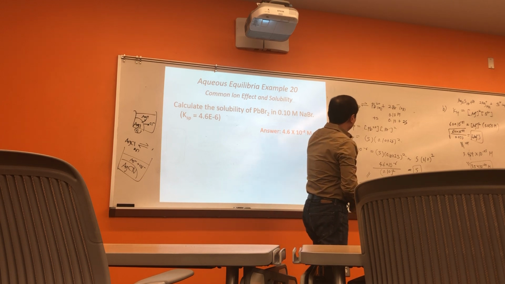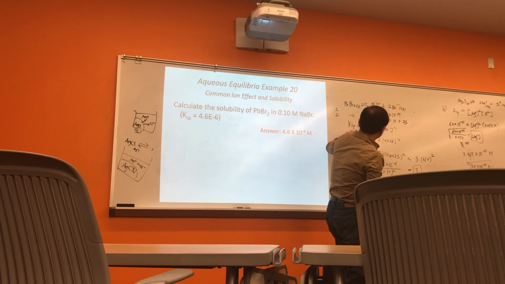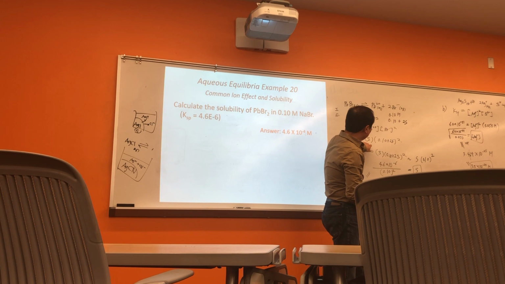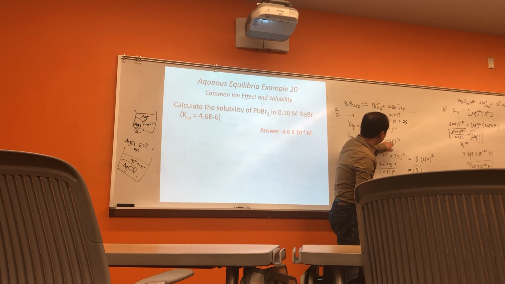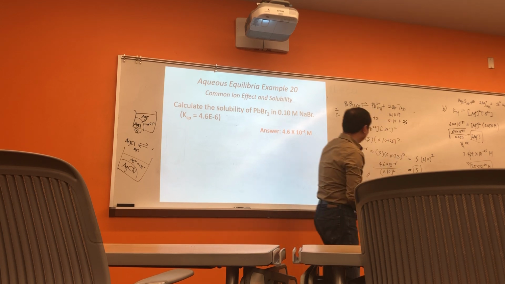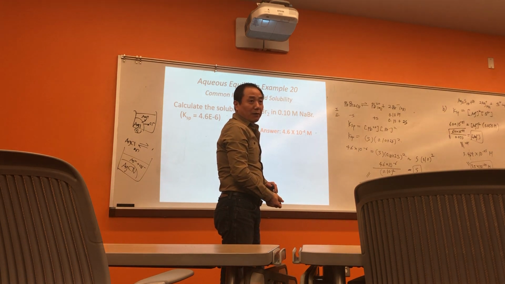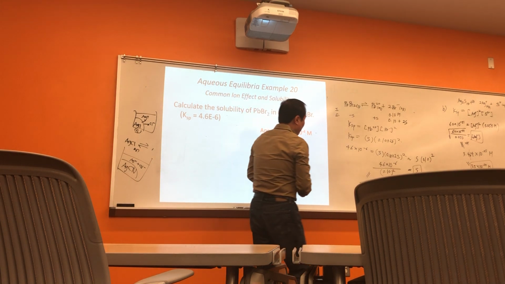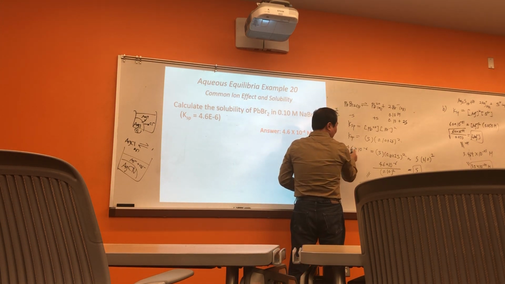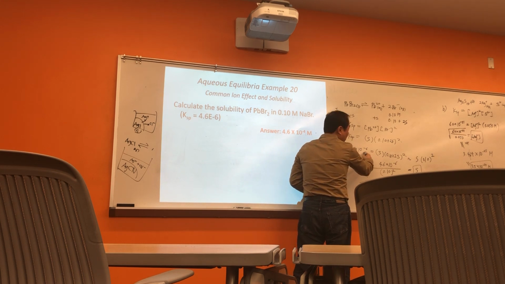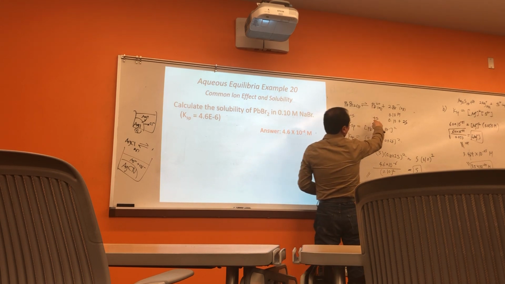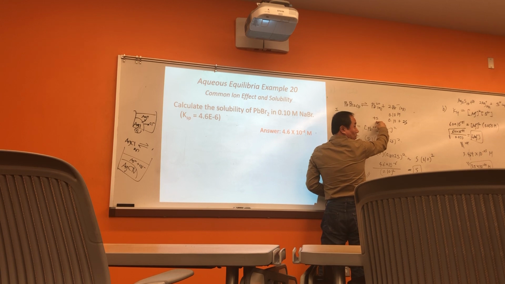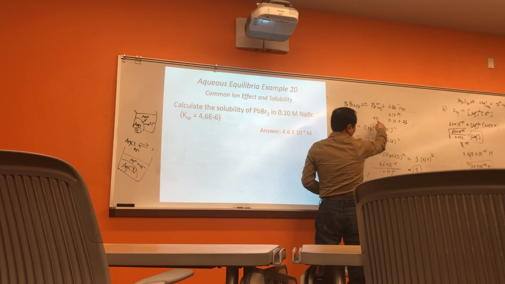So for the Ksp expression, just plug in the numbers. Lead we have S. Bromide is 0.10 plus 2S, to the second power. Like the acid-base case, this K value is an equilibrium constant and it's very small. If it's very small, there is only a little dissociation, so S will be a very small number.